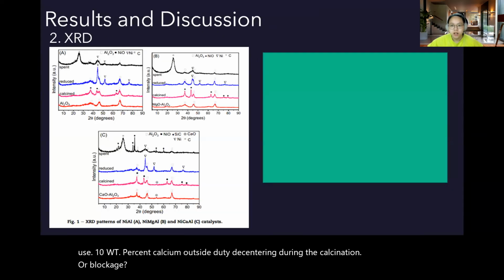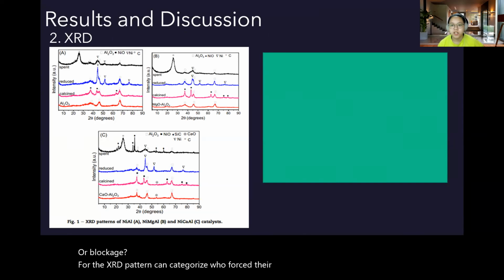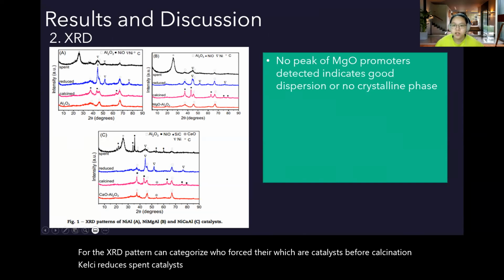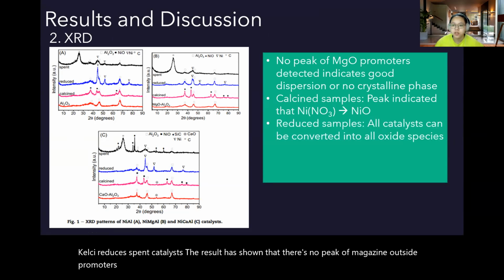For the XRD pattern, it can be categorized into four steps, which are catalysts before calcination, calcined, reduced, and spent catalyst. The result has shown that there's no peak of magnesium oxide promoter, indicating good dispersion and no crystalline phase. Calcined sample peaks indicate that nickel nitrate has been converted into nickel oxide.